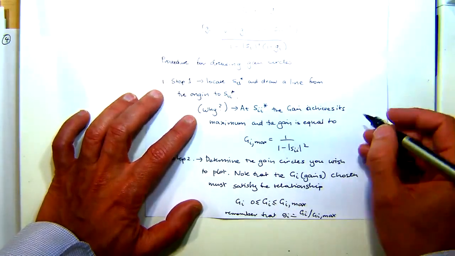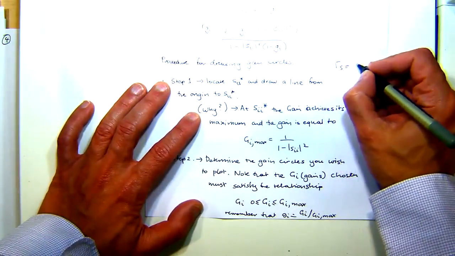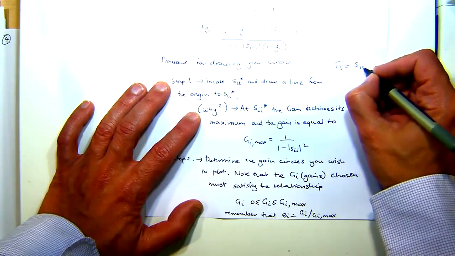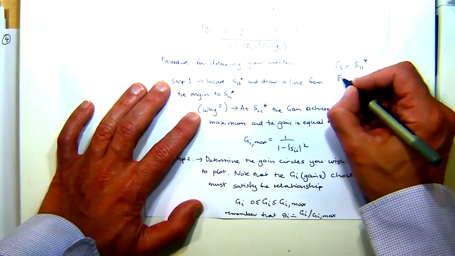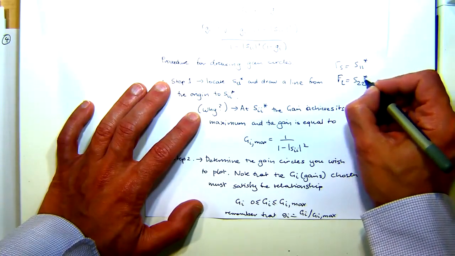All I'm saying here is gamma S is equal to S11 conjugate. So this is when the maximum occurs. Okay, that's all I'm saying.